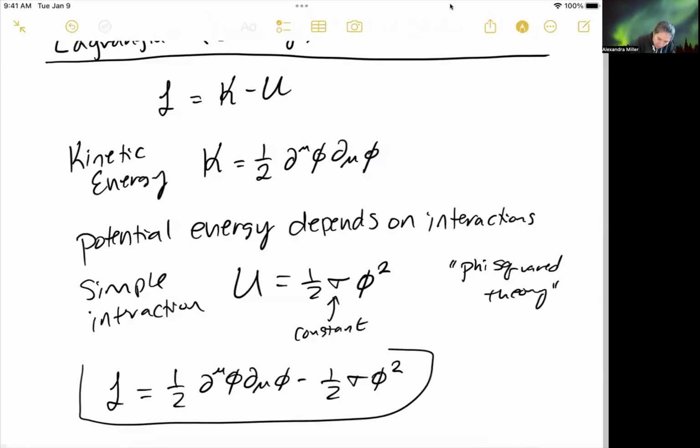So this is an example of a very simple Lagrangian with one scalar field with one type of allowed interaction, so one energy term. And it's important to notice that this thing is a Lorentz scalar.